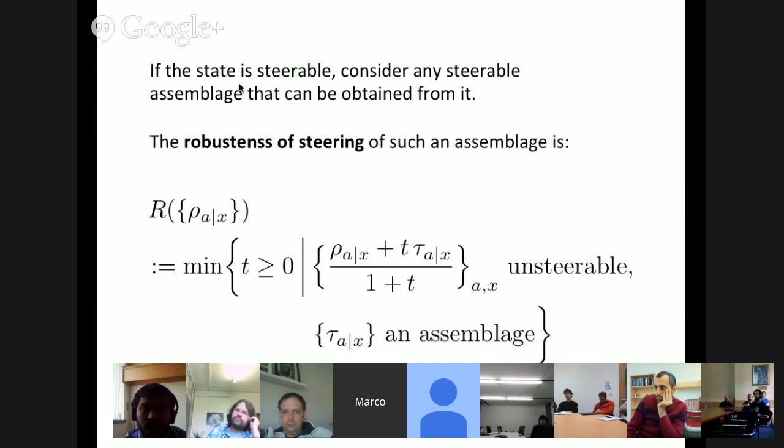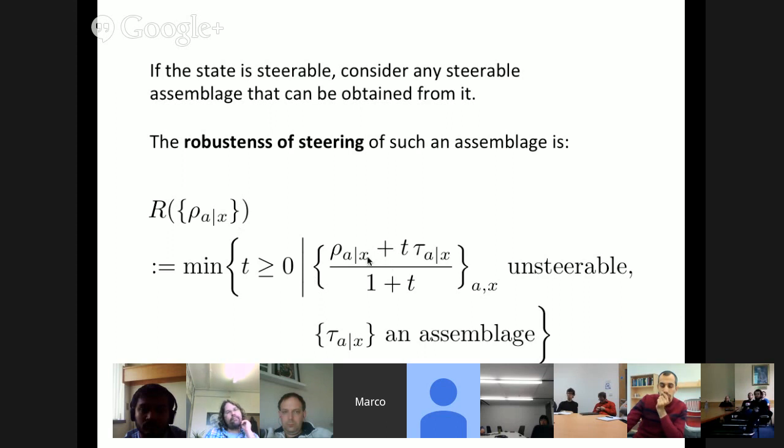So for such a steerable assemblage, we can consider its robustness of steering. Here you have a definition. Let me read it out for you. This is the assemblage, this ρ_AX.